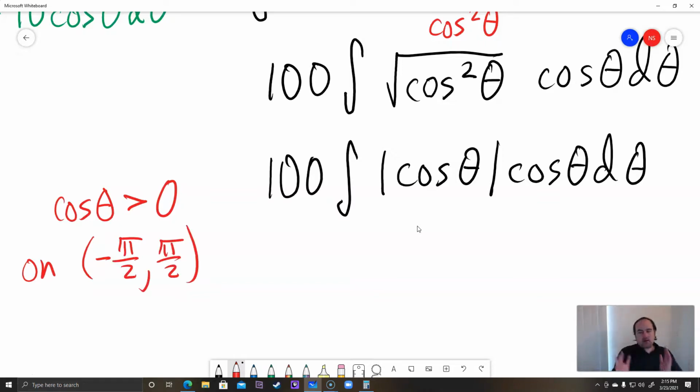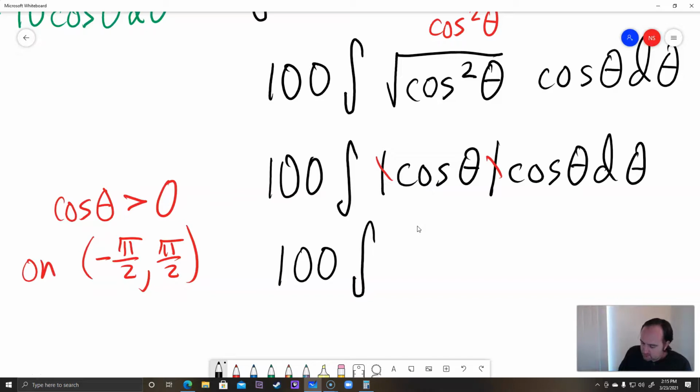Which means that we don't actually need the absolute value here. So I can just cross out the absolute value. And so I just get cosine of theta times cosine of theta, which is cosine squared of theta. Okay, so we have 100 times the integral of cosine squared of theta d theta.